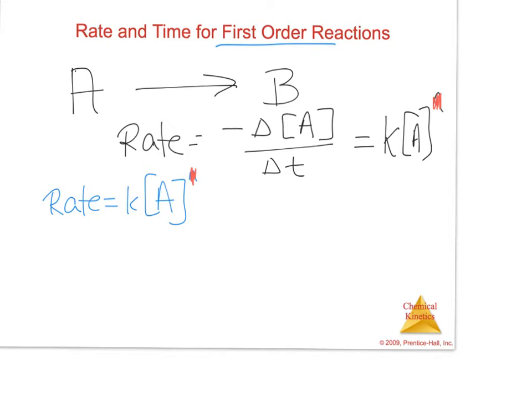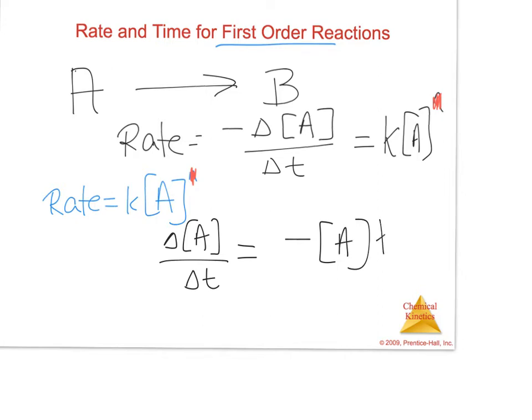From this equation, we can move the minus sign to this side, and then we can say the change in the concentration of A over the change in t equals minus the change in A times k.